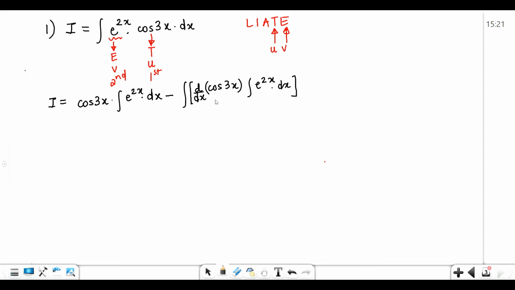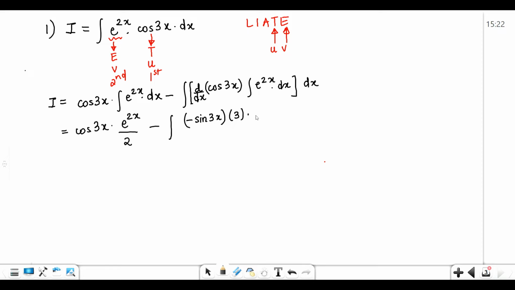Close the bracket and write the dx. Now cos 3x will remain as it is and the integration of e raised to 2x will be e raised to 2x divided by the coefficient of x, minus the integration. Now the derivative of cos 3x is minus sin 3x, and the derivative of 3x is 3.